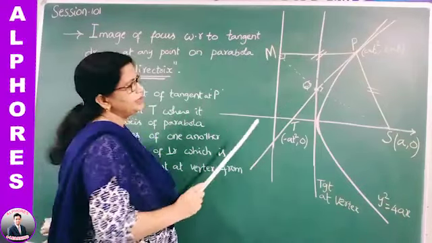You can make use of this concept very easily, and students, these two properties are very important. The image of focus with respect to a tangent drawn at any point on the parabola always lies on the directrix.